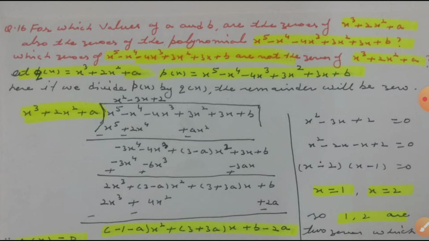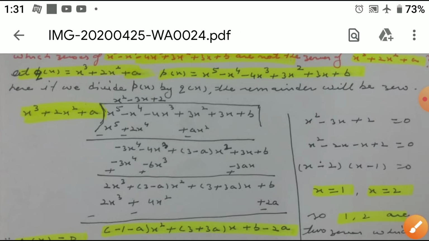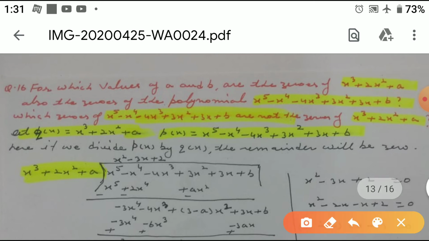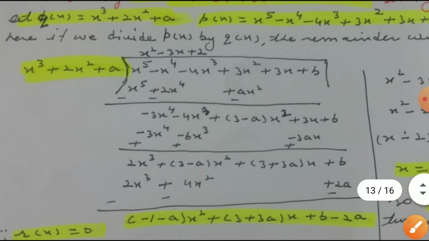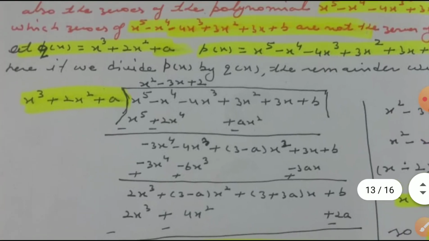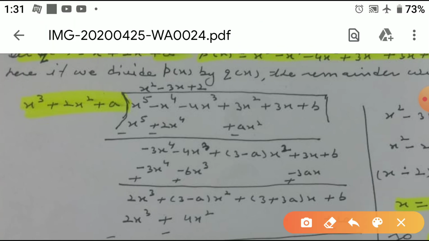For which value of a and b are the zeros of x cube plus 2x square plus a also the zeros of this? Okay, so to get this we need to divide. So we divide the given polynomial x^5 minus x^4 minus 4x cube plus 3x square plus 3x plus b with x cube plus 2x square plus a.